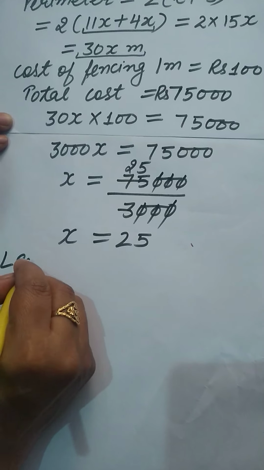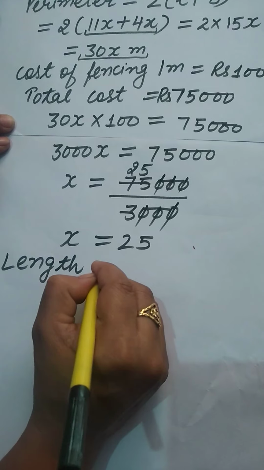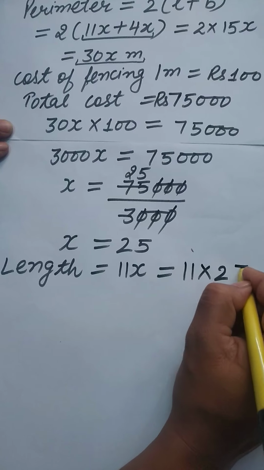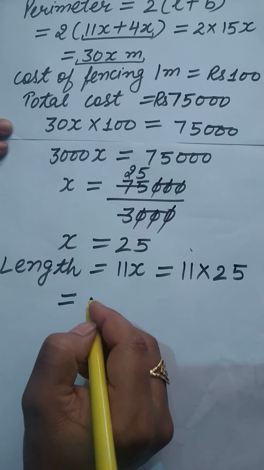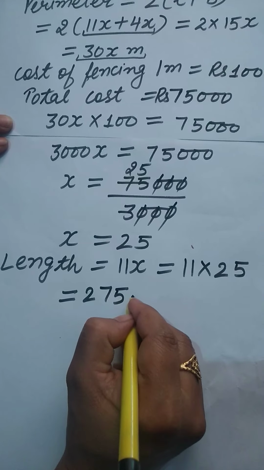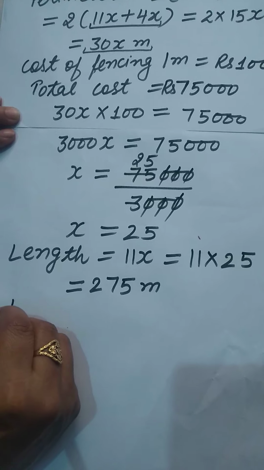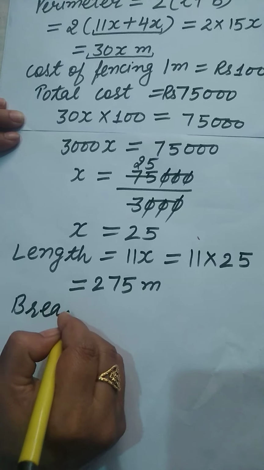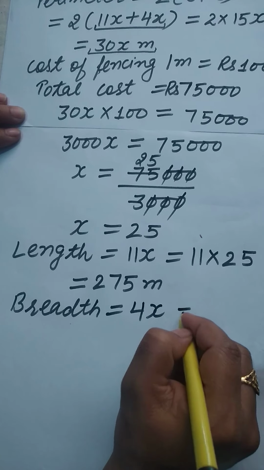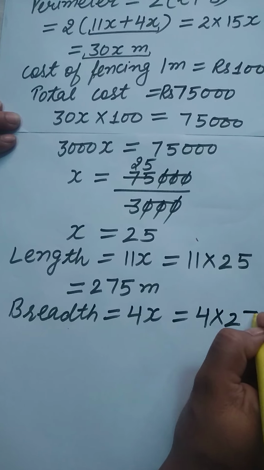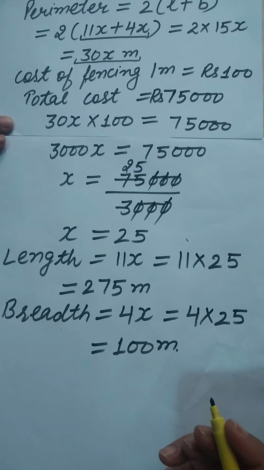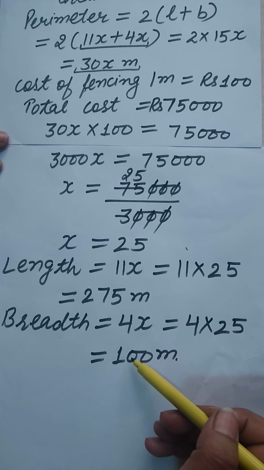So length is equal to 11x, that is 11 multiplied by 25, which is equal to 275 meter, and the breadth is equal to 4x, that is 4 multiplied by 25, that is 100 meter, which are the required dimensions of the plot.